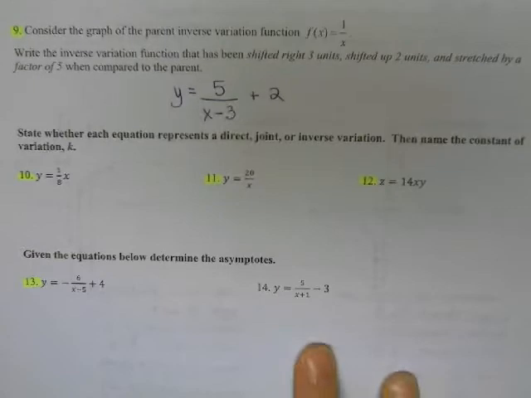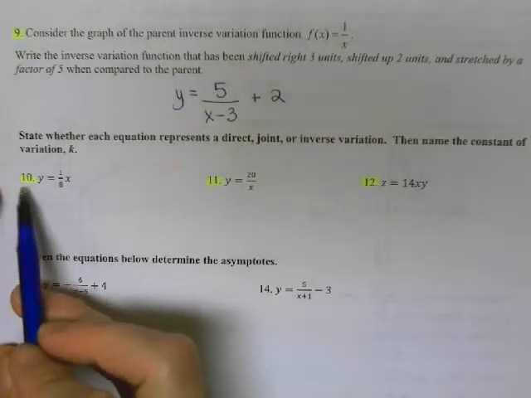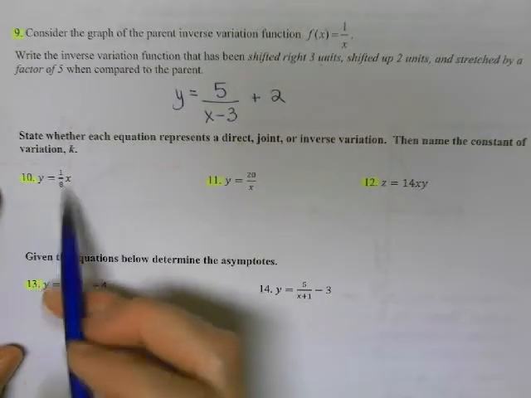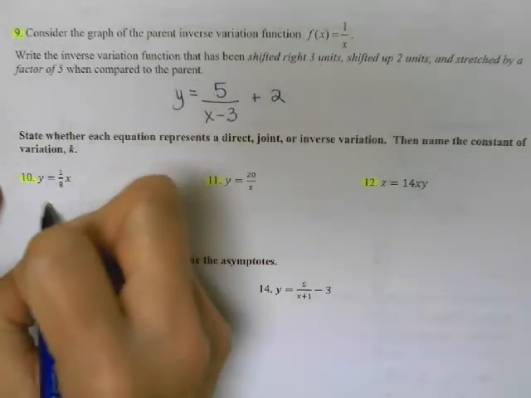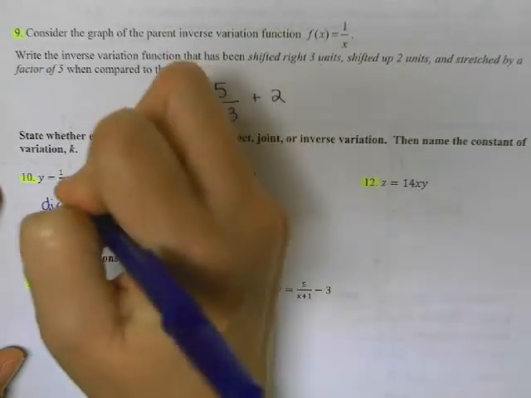Okay. All right, 10, 11, and 12 want to know what type of variation is being represented and name the constant of variation. So on number 10, I have y equals 1/8 x. This is direct variation.